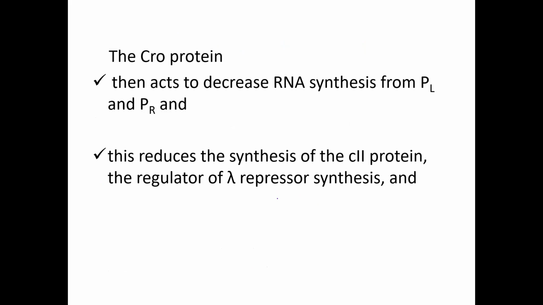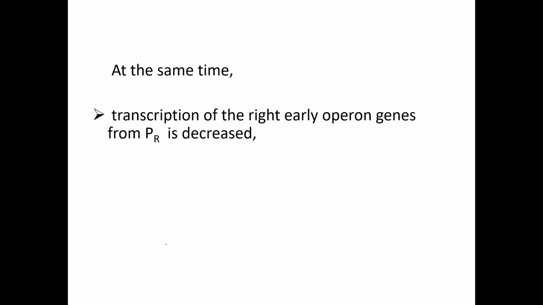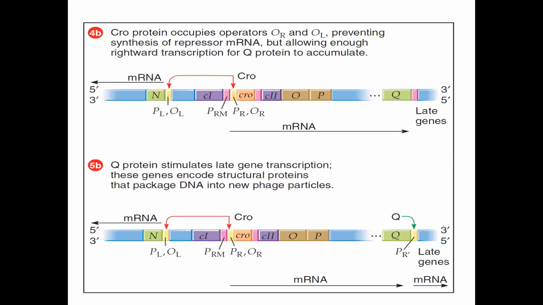So this is to reduce the synthesis of C2, which is the regulator of C1 lambda repressor, and the CRO protein directly blocks the synthesis of C1 repressor from PRM. At the same time, the transcription from the right early operon from PR is decreased, but enough Q proteins are accumulated to set the genetic switch to starting the lytic pathway.